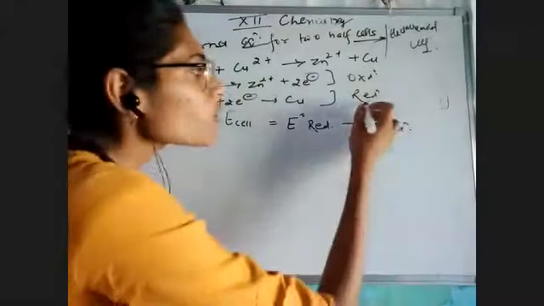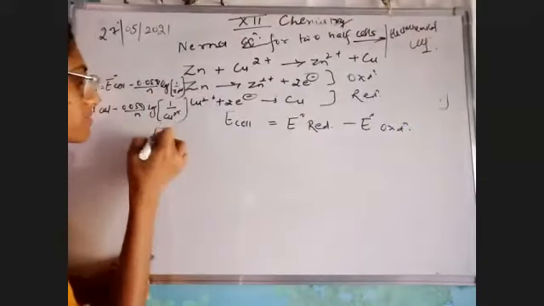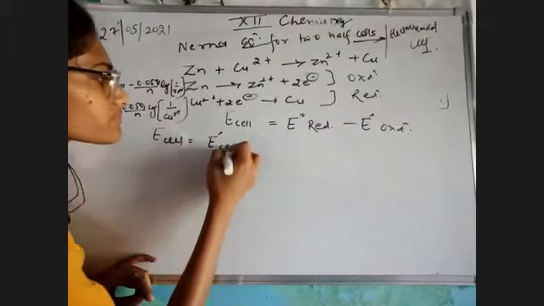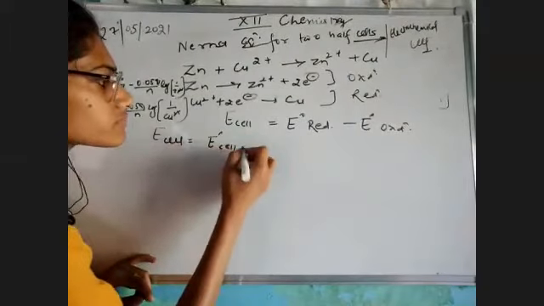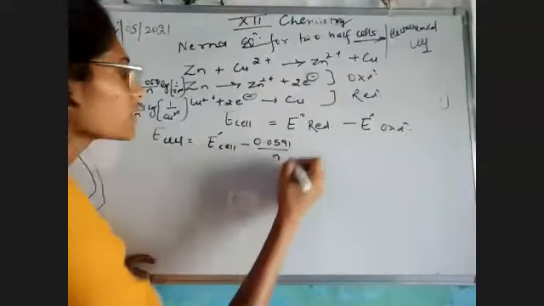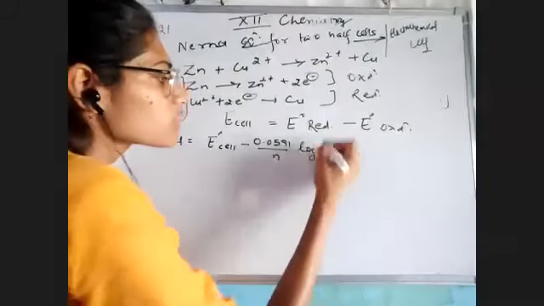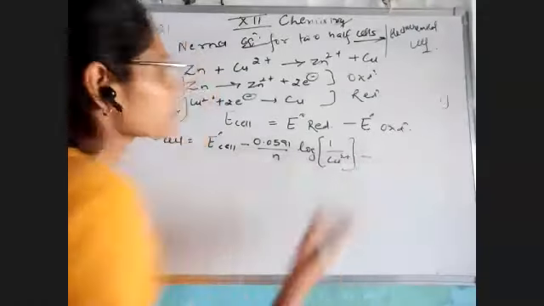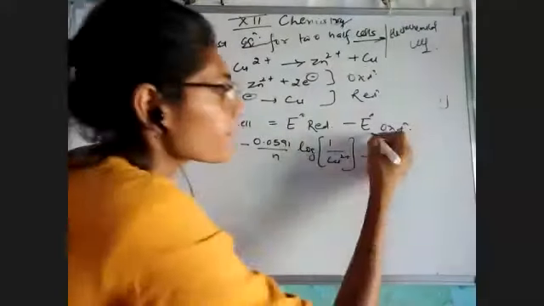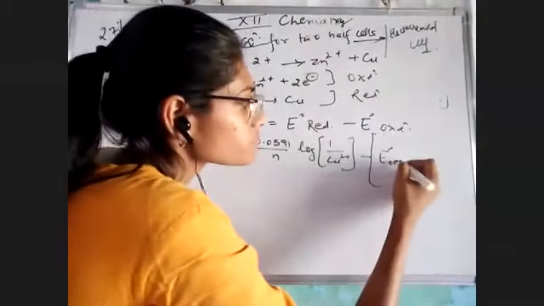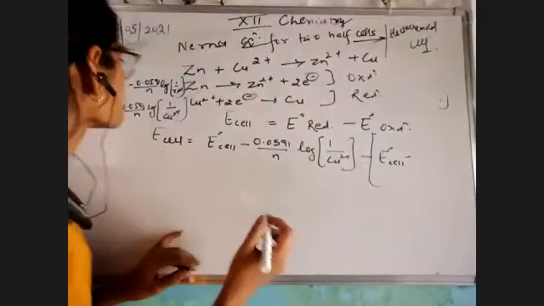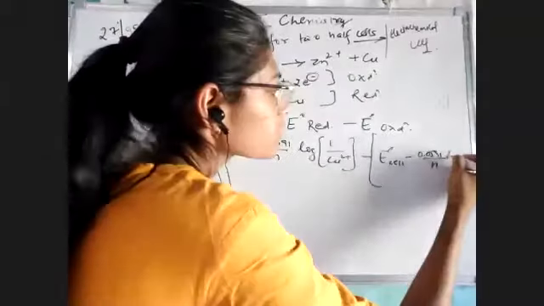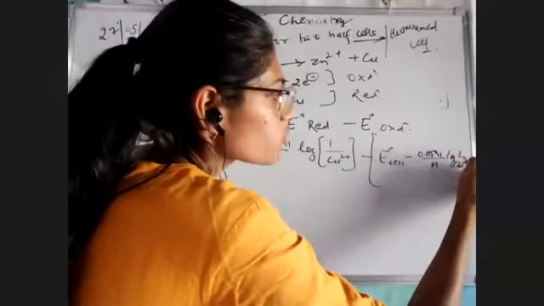So my E cell equals E naught cell minus 0.0591 divided by n log 1 by copper 2+, minus E naught cell minus 0.0591 divided by n log 1 divided by Zn2+.